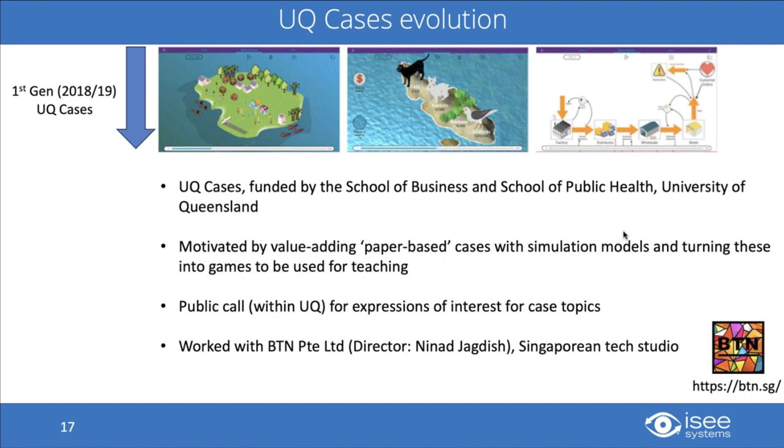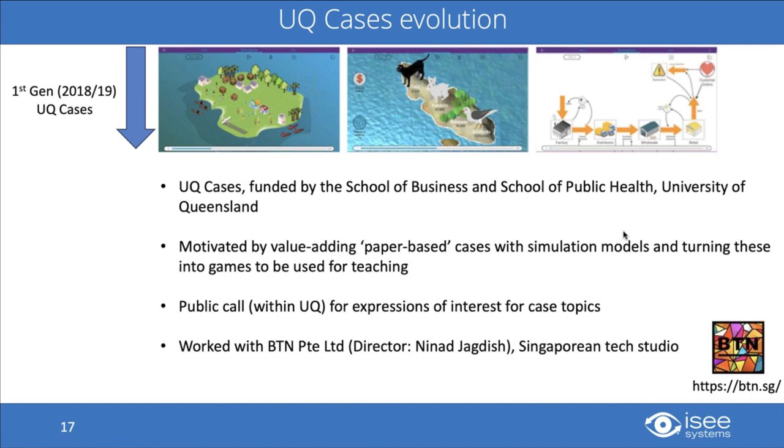Another serendipitous moment was when we went to the System Dynamics Society conference in Delft, I think in 2016, and met Ninad Jagdish, the director of BTN, a Singaporean tech studio. Ninad had a monitor showing some software that looked very much like Unity 3D, a gaming software, and I recognized it because I had been using it myself.